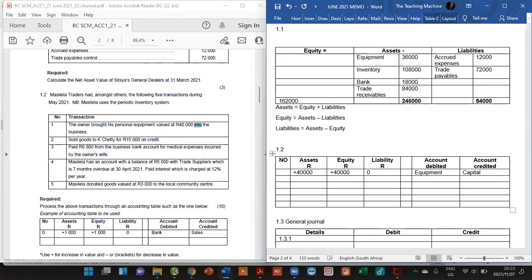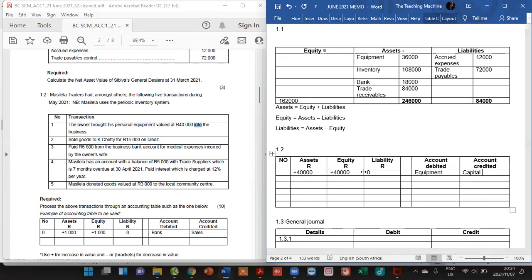It also makes sense because if you look at this equation, it balances. Why? Assets equals equity plus liabilities. So if we say that 40,000 equals 40,000 plus 0, the equation balances.